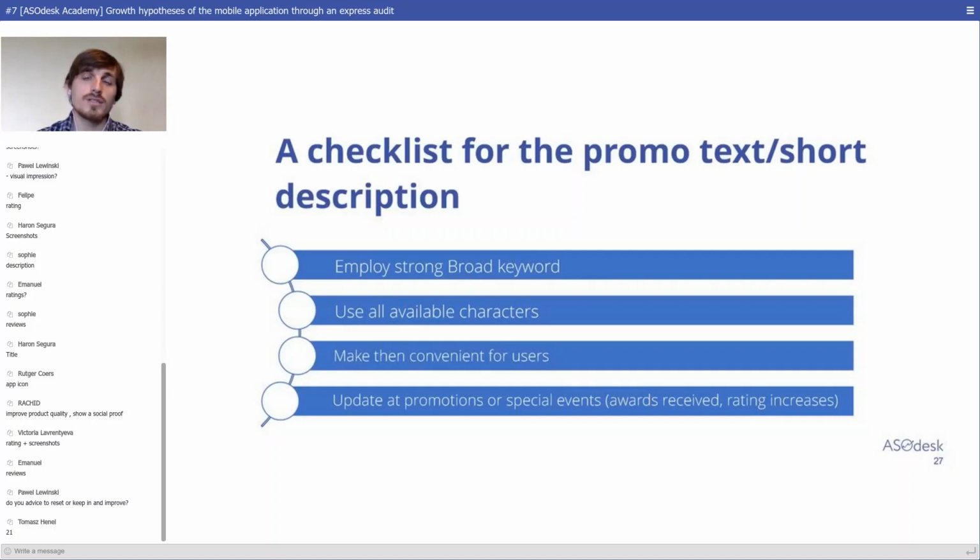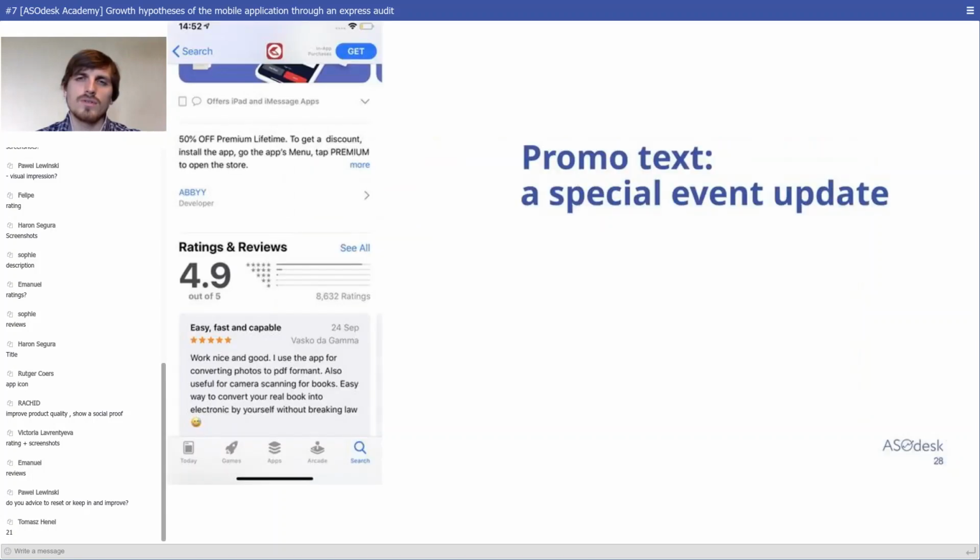That's a great technique, and almost all apps are using it. When something important happens, they post this information to the promo text on the App Store for iOS apps and the short description for Android apps.